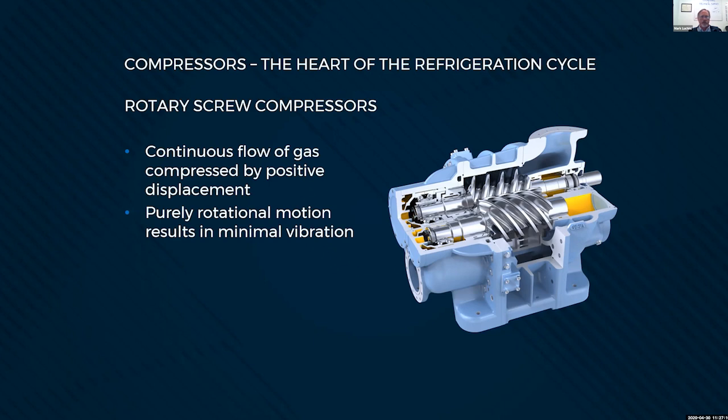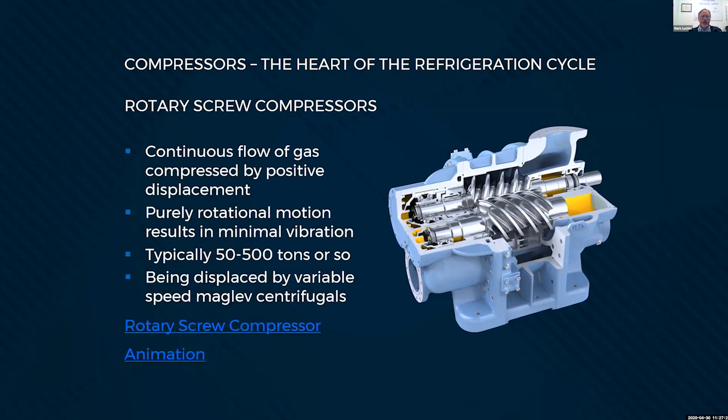Just because of the way they're designed, they do tend to make kind of a high pitched whine, but pretty low vibration. 50 to 500 tons capacity typically. And because maglev centrifugals have a wider range of capacity, these are kind of being displaced as well.